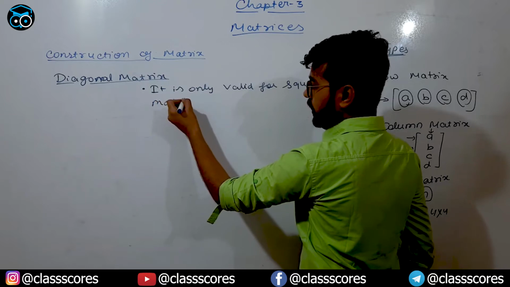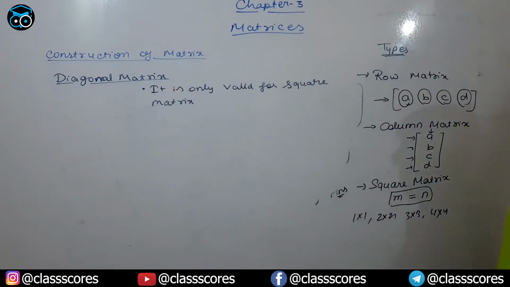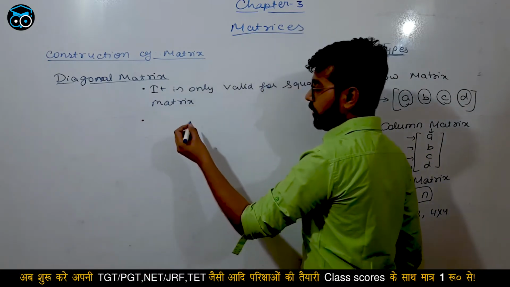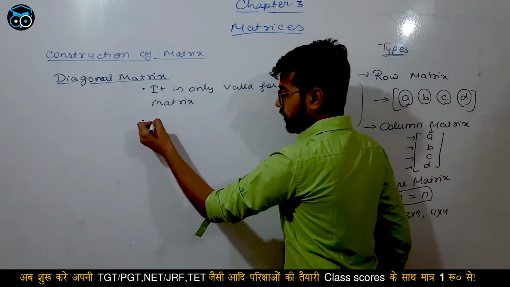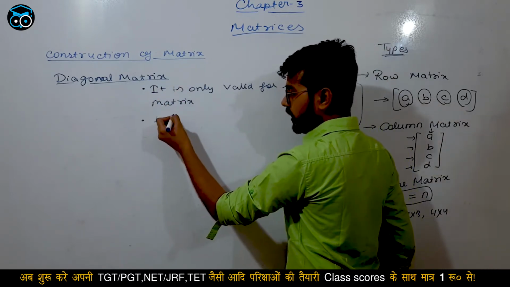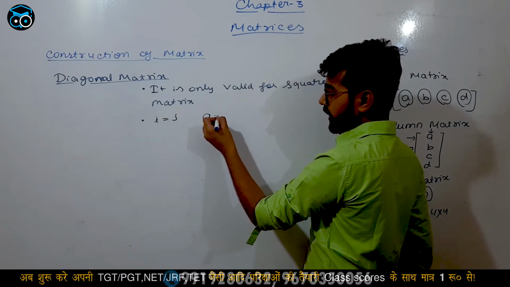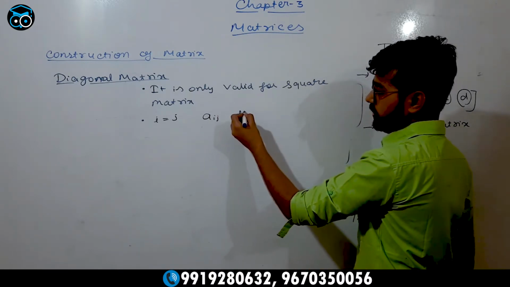We are only able to find the diagonal for square matrix. Okay, how we can identify the diagonal elements of square matrix? When i is equal to j, those aij elements are known as diagonal elements.